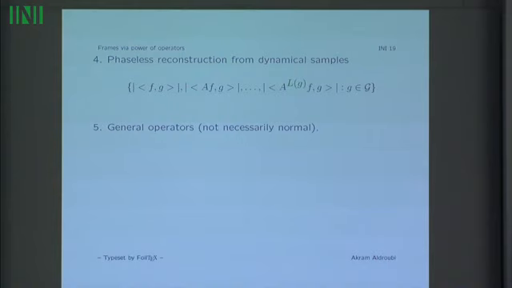Now, for general operators that are not necessarily normal, of course, you have to restrict things, like T cannot necessarily be an arbitrary number, but there are a lot of things that can be done there. We have done a little bit. I've shown you a few things, but I think this area is also totally open, and what can be done is up to you.